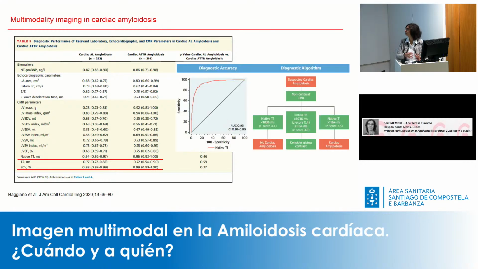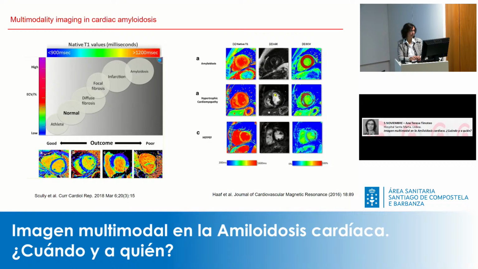And there are also specific cutoffs for native T1, for instance, that can rule out or rule in the possibility of cardiac amyloidosis. But as you can see here, amyloidosis is quite different from the other diseases because it has very high native T1 values and also a very high extracellular volume.